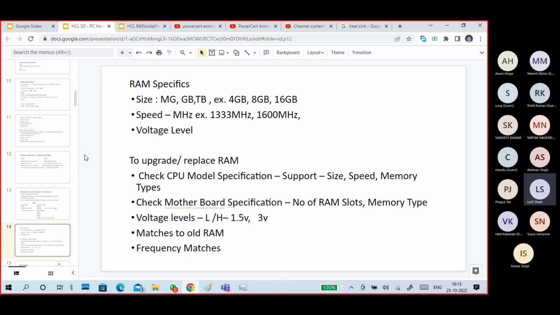It is better to check what RAM you are already having on the same computer. If you want to upgrade, add or replace the RAM, stick with the old RAM, so the specifications can easily match. Very simple. Based on your CPU and your motherboard, you have to choose which RAM is required.